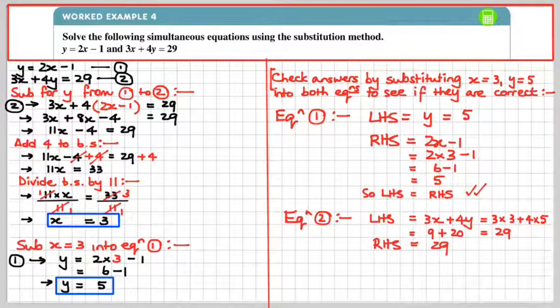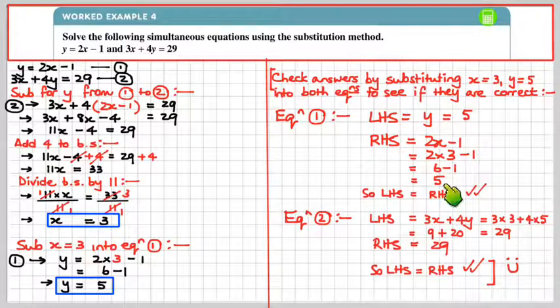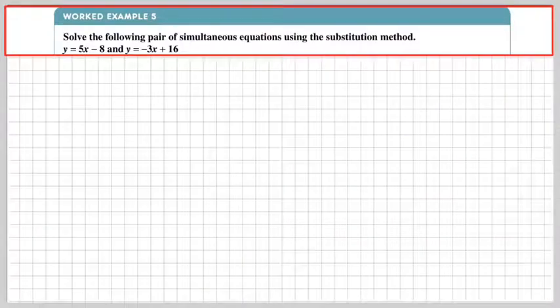Oh, look, the right-hand side was 29, so that works as well. So the left-hand side and the right-hand side are equal to each other, so that x is 3 and y is 5 works in equation 2 as well as in equation 1. So it is simultaneously working in both rules, so we're laughing and we know we're right. You see? That's terrific, isn't it? And we're feeling very bright because we're right.